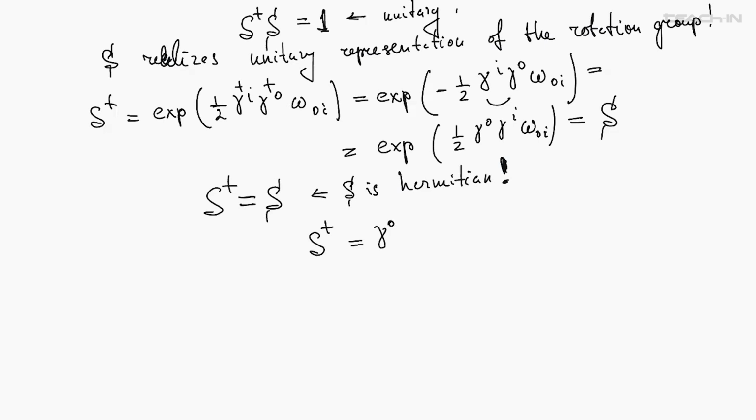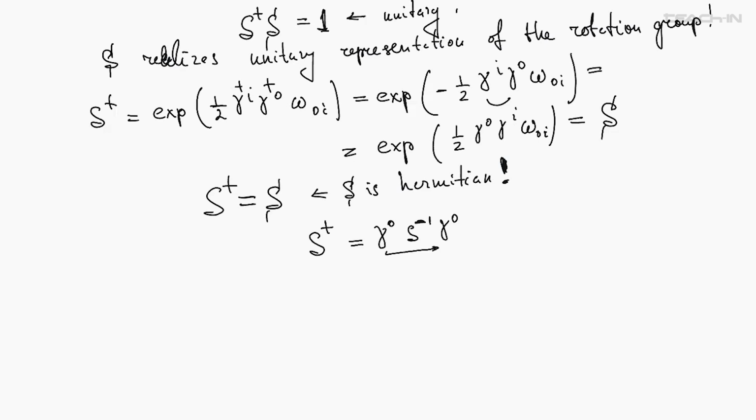When you consider rotations, you can see that gamma 0 commutes through the matrix S and gamma 0 squared is 1. So S dagger is equal to S minus 1 and the matrix S is unitary.